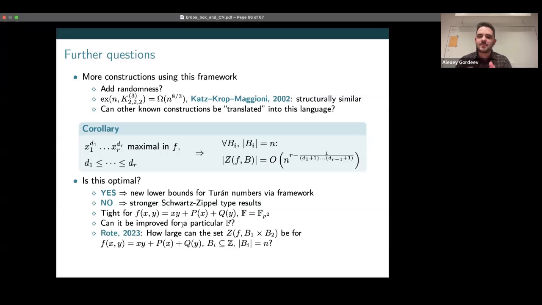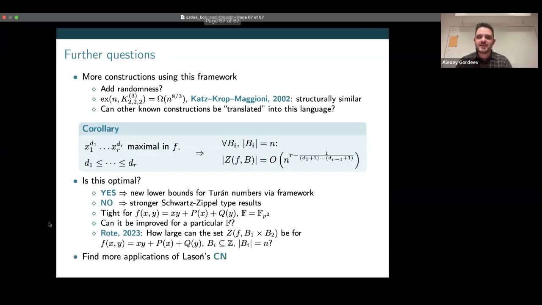Can you improve this corollary for a particular field? In particular, Rotter, in his survey, asked how large the zero set can be if you work over integers. My construction answers these questions for F_p squared, but for integers you can't really translate it, so in integers it's still an open question.